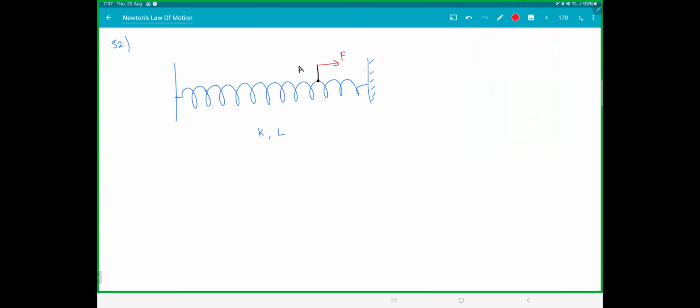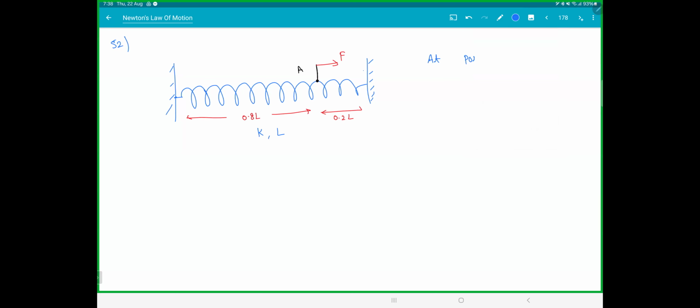Is that making sense? You're not pulling at the corner. You're catching somewhere in the middle, and you're pulling it. So you're pulling at this distance here. This is 0.2 L, and this is 0.8 L. So you kept some kind of rod or something, and you're pulling that.